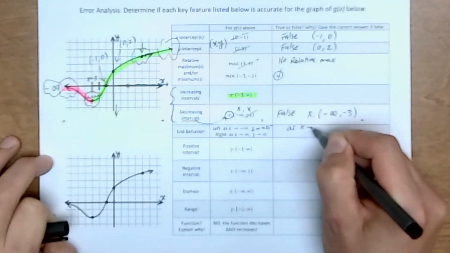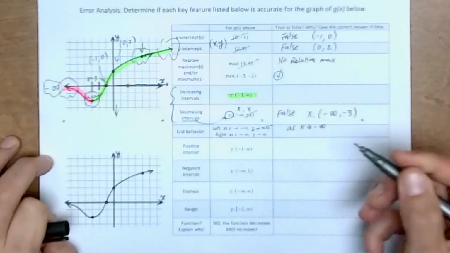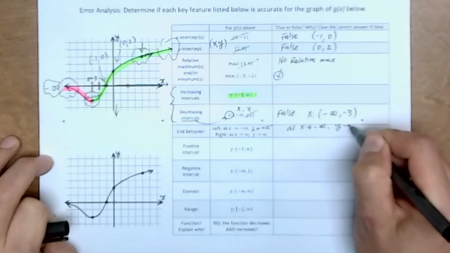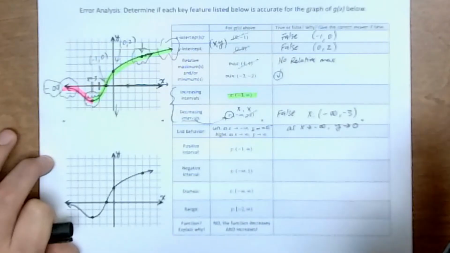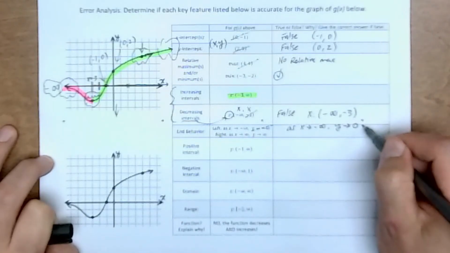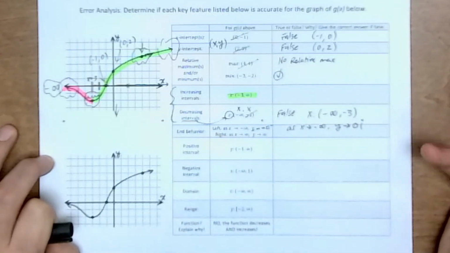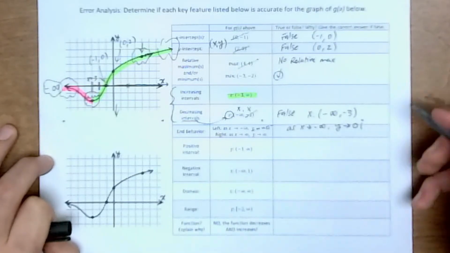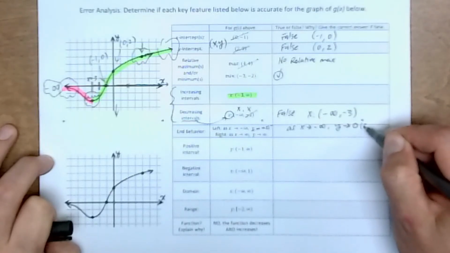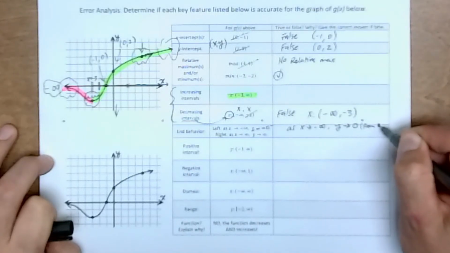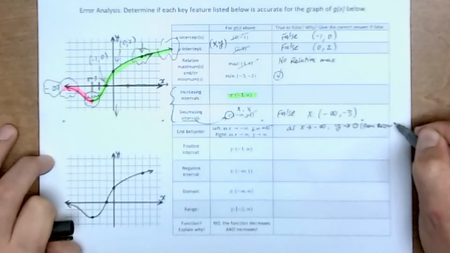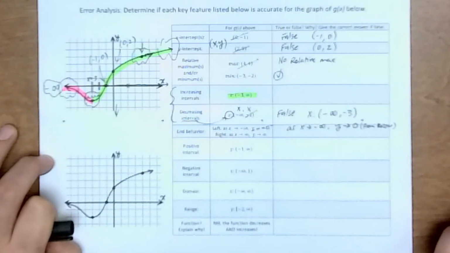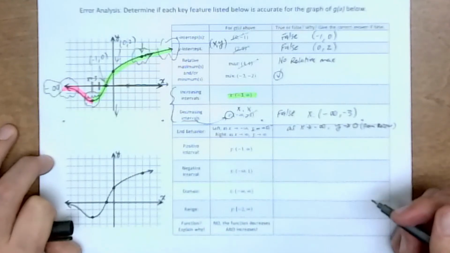As x travels left towards negative infinity, the y values actually travel towards 0. And I am not going to take off for this, but in the future we will want to know if it's traveling towards 0 from above in the positive height range or from below. And so the best answer, once you really get good at this, is saying it's going towards 0 from below. And that gives us even extra information about that.